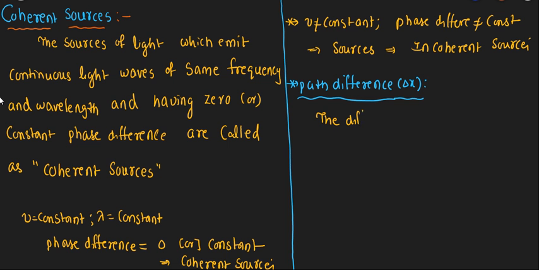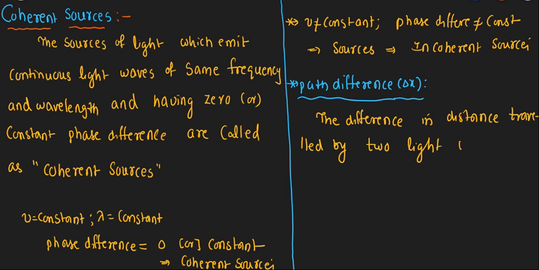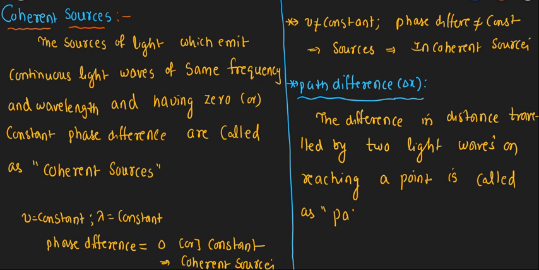It is the difference in distance traveled by two light waves on reaching a point, and it is called the path difference.